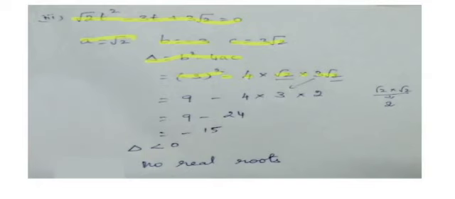So minus 3 the whole square becomes plus 9. So 9 minus 4, then root 2 into 3 root 2: write the 3, and root 2 into root 2 is 2.